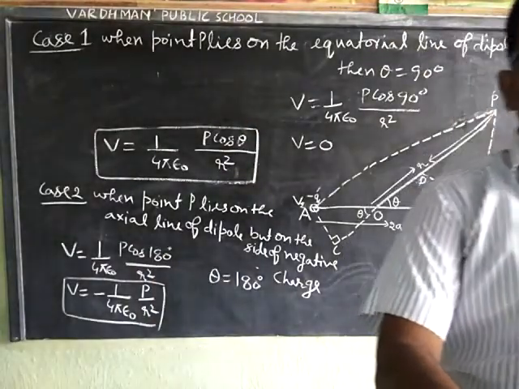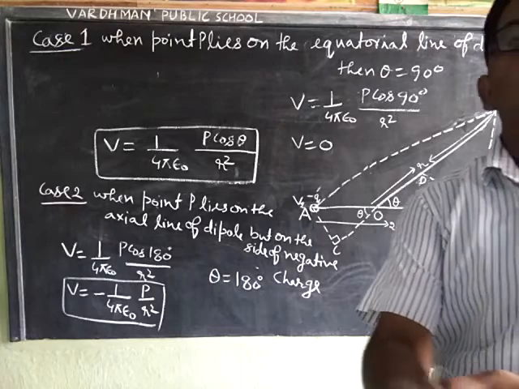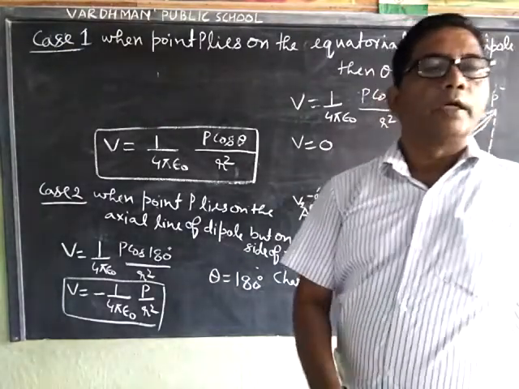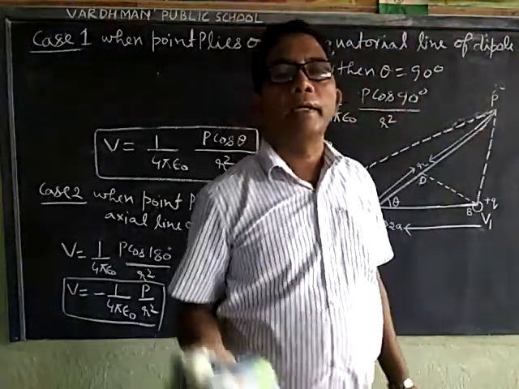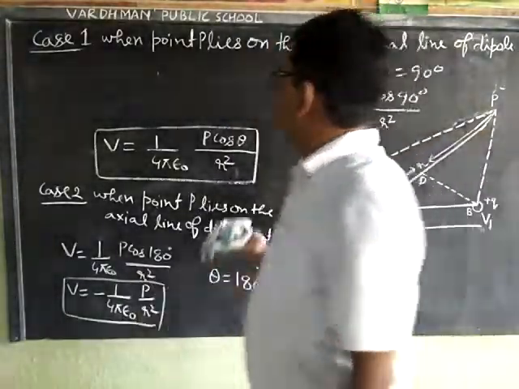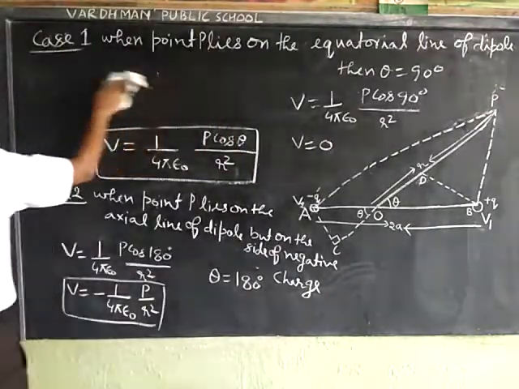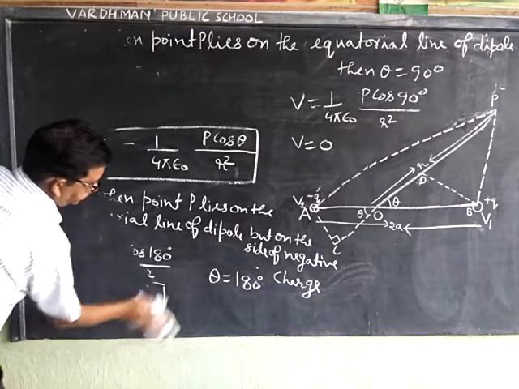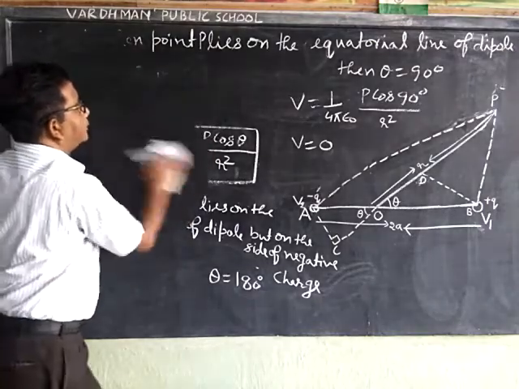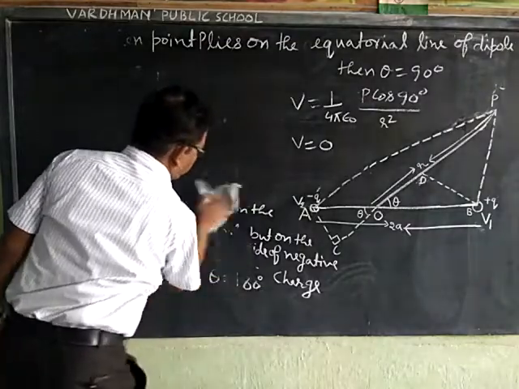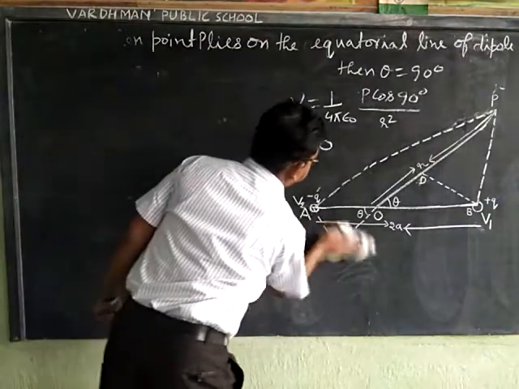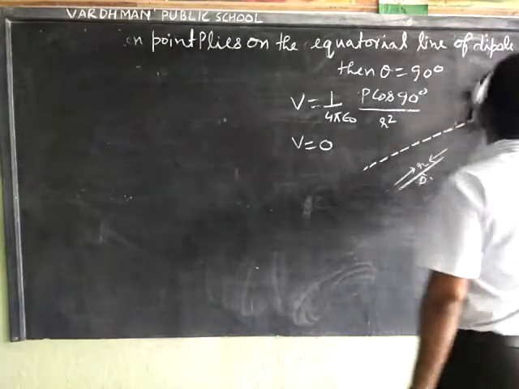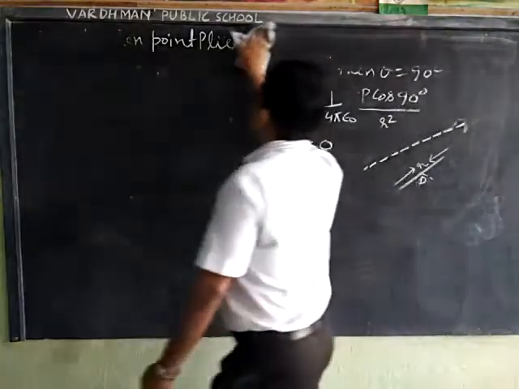Now we will discuss the next topic, electric potential at axial point of a dipole. Do you know what is axial line and what is equatorial line?